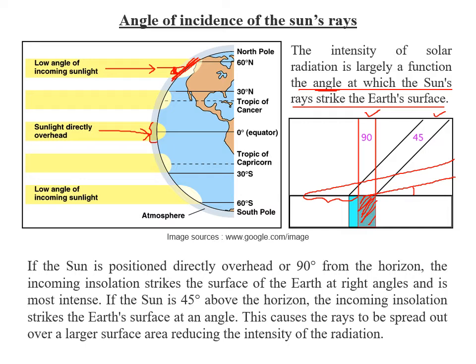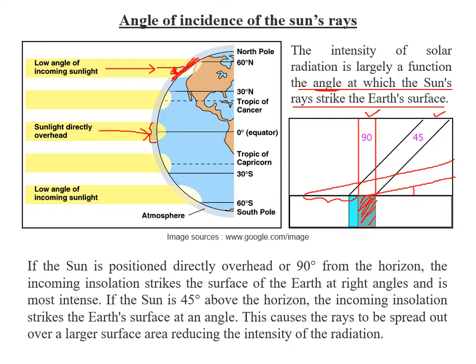Now, if we consider the same amount of energy falling at the equator and at the higher altitude, the energy falling over the equator will be concentrated on a much smaller area, and that particular portion will be affected by this incoming radiation.